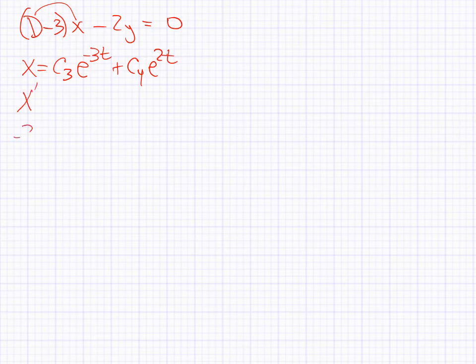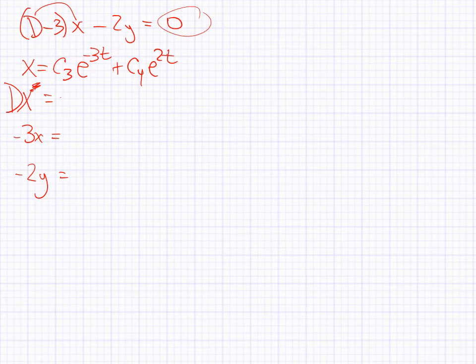And I have to do minus 3 times x as well. And then I'll also have to do minus 2 times y. Those are the 3 things I'm going to need. So once I have these 3 things, I could write this as x prime. I could also write this as Dx if you want. It's the same thing. Then I can plug them in, and it should equal 0.